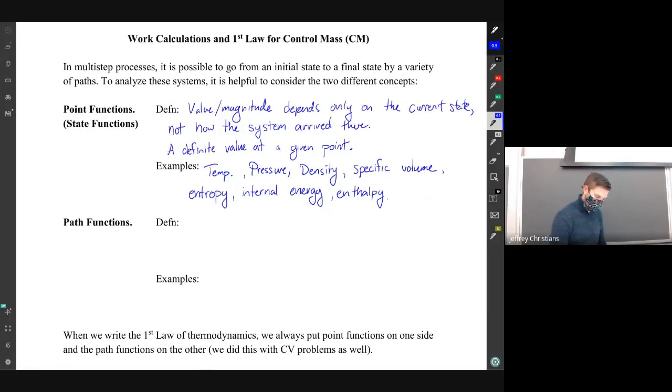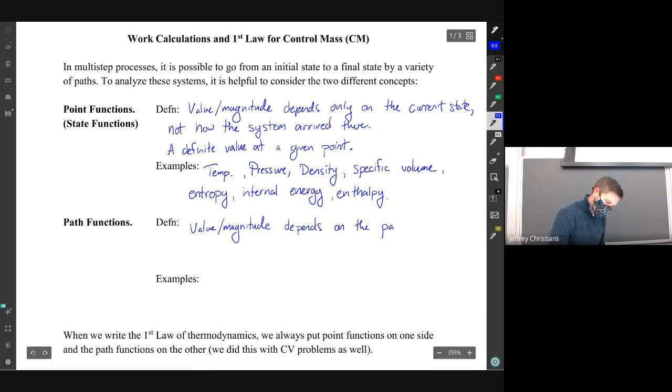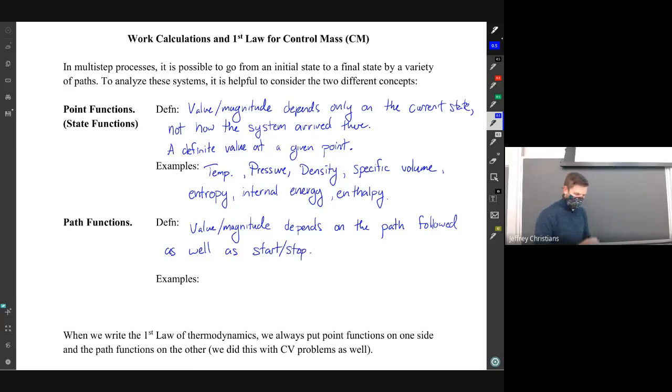A path function is something where the value or magnitude depends, again, I'm not very good at writing definitions, depends on the path followed, as well as the start and stop, or the beginning and the end states.